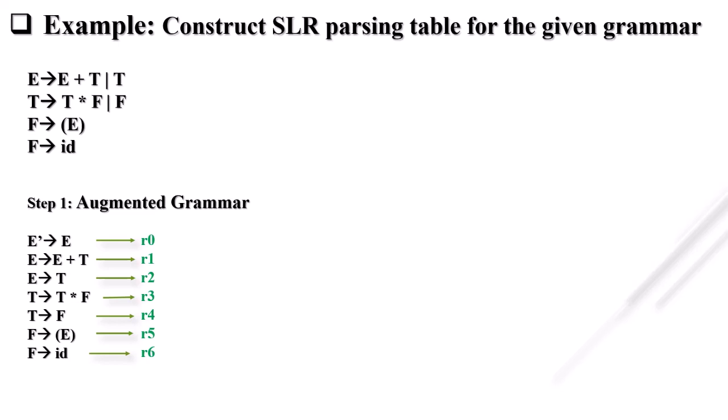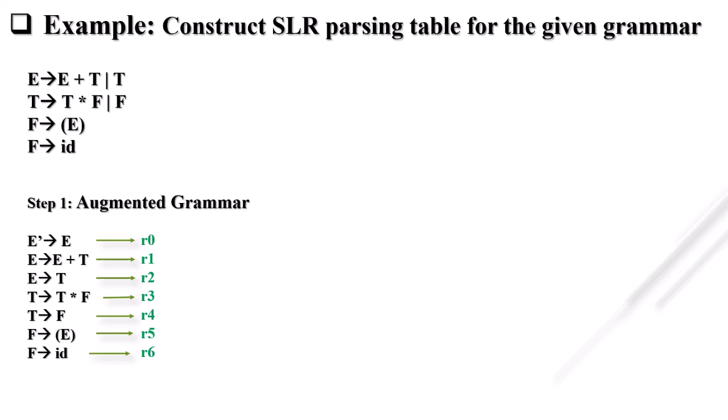So here we are taking one example where we cover all the points that we discussed in the previous slide. You have to understand this properly, because SLR and CLR is the most important topic in compiler design and in unit 3 also. Okay, so suppose there is a grammar. What is our grammar?